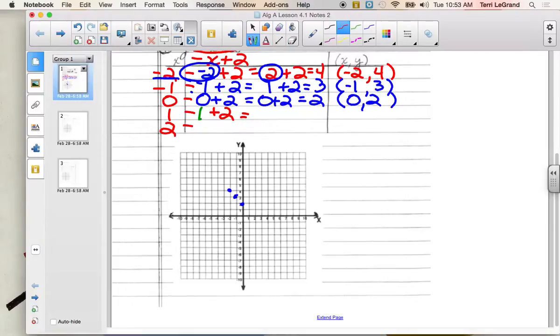What's the opposite of 1? -1. So -1 plus 2 is 1, like we wanted it to be. So ordered pair 1, 1.